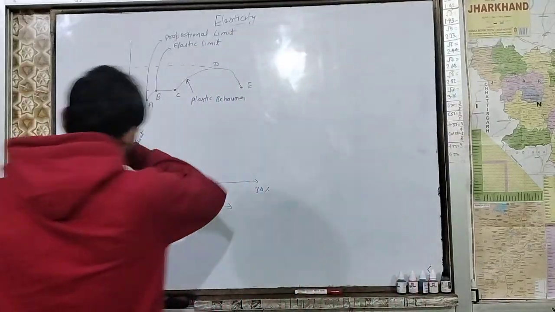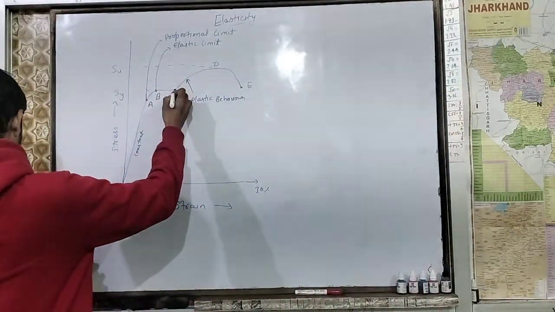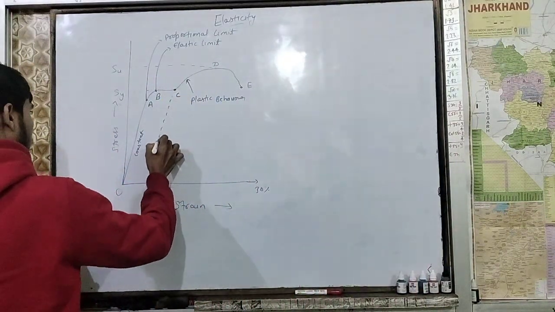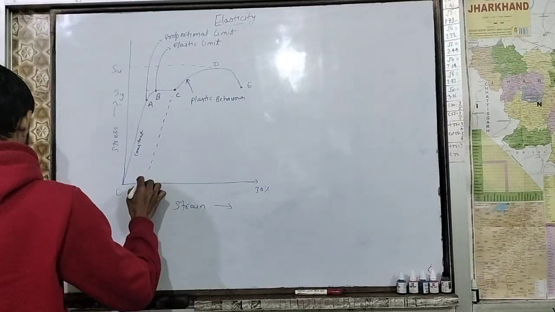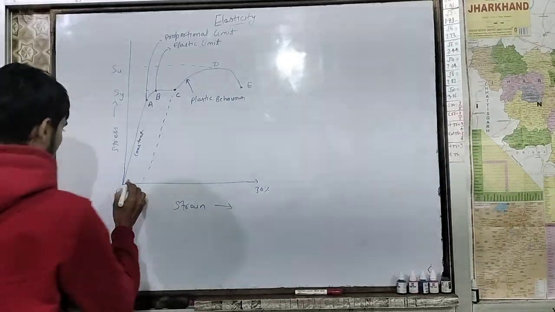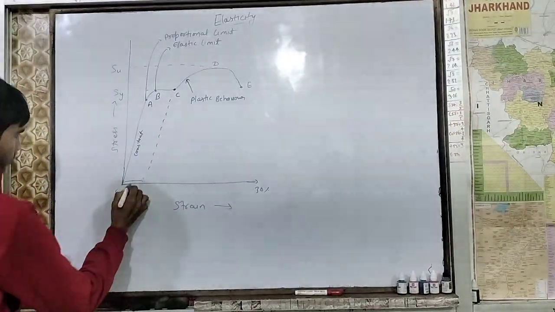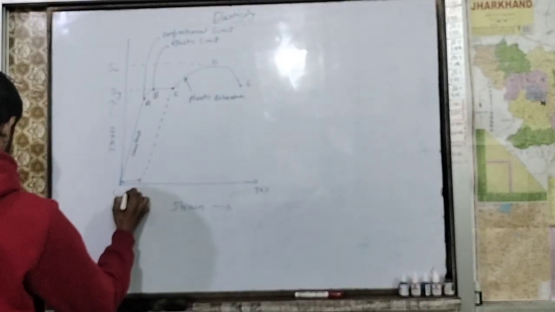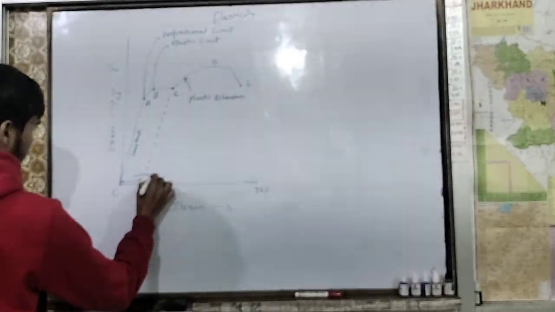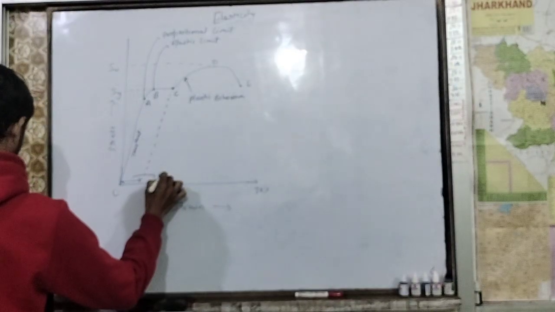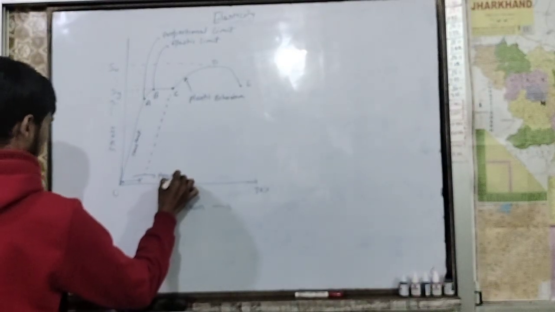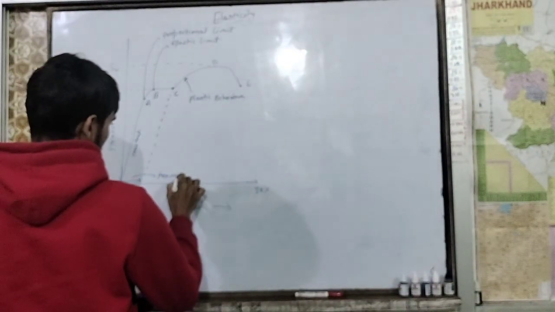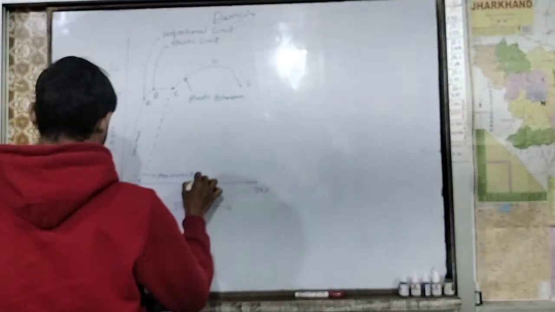Try to see, this is making an angle. So this gap, 1%, is known as the permanent set.